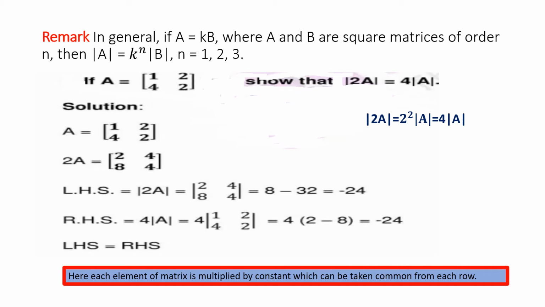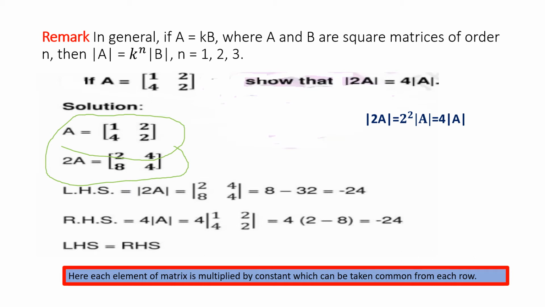See, here each element of matrix is multiplied by the constant. Suppose we are taking matrix A as 1 4 2 2, then we are taking another matrix 2A, which is 2 4 8 4. So each element is multiplied by 2.